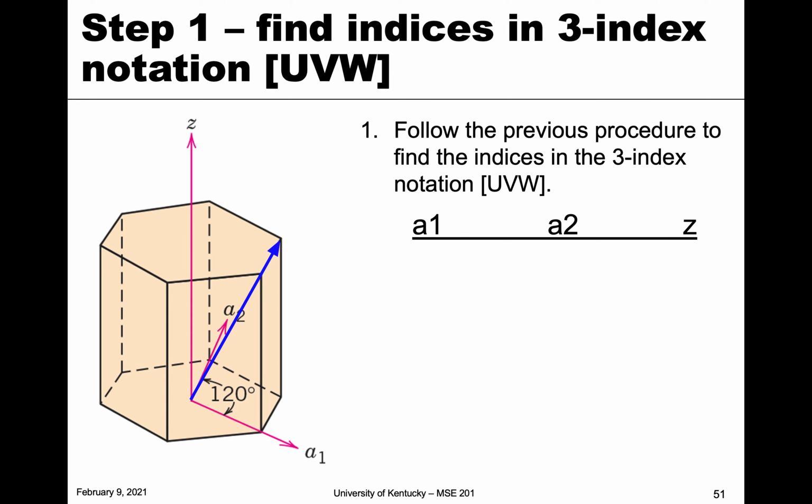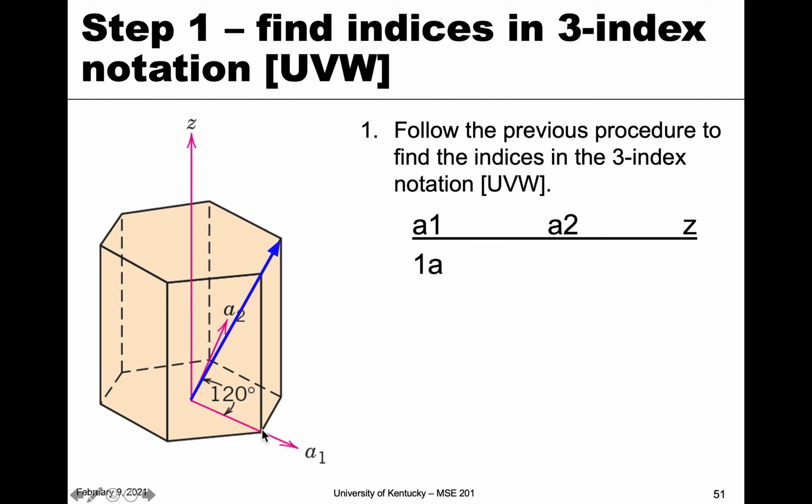So again, you find your projections. In this case, if I want to get to this point up here, I have to follow the projections. In this case, it's projected 1 length. You can kind of see it, it's basically up here. So we can get that by going 1 length of the A1 axis. So that's 1A.